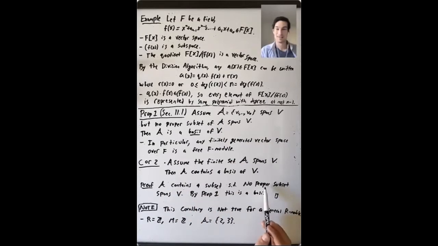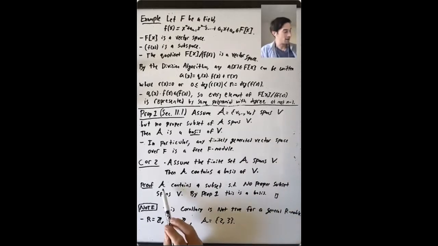Well, that's what I was just saying, that either A itself contains no proper subset that spans V, or it contains a proper subset that spans V that's smaller, and you take that one. And then either that's a basis, or it contains a proper subset that spans V, and you take that one. And you can only do this finitely many times because this set A that you started with was finite.